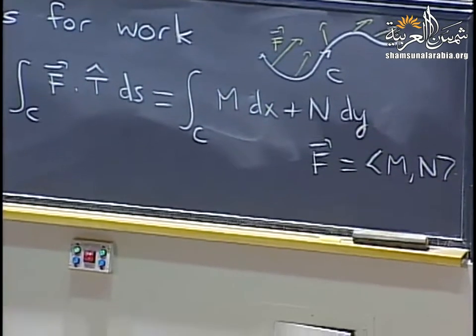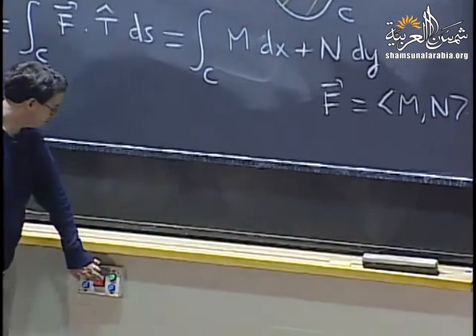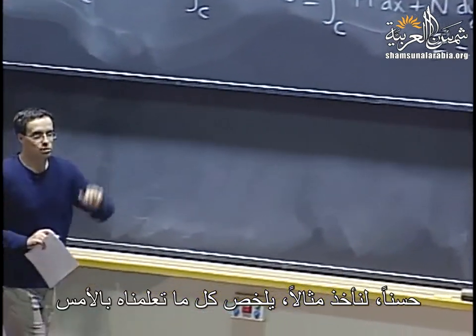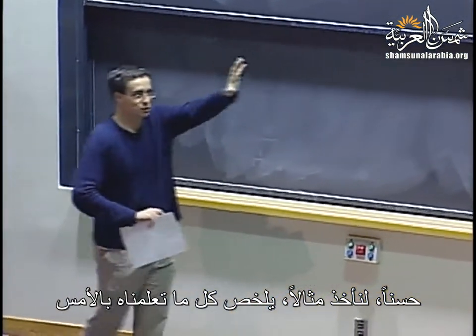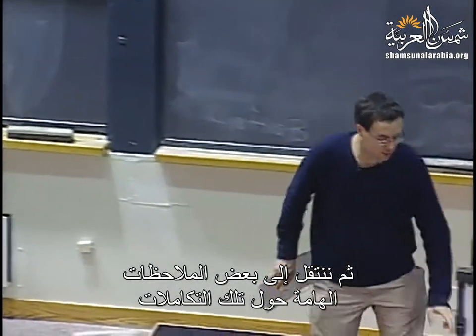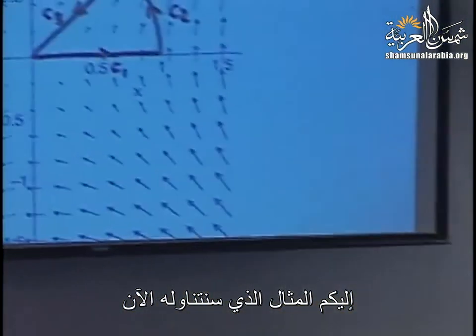Okay? So let's do an example that will just summarize what we did yesterday, and then we'll move on to interesting observations about these things. So here's an example we're going to look at now.